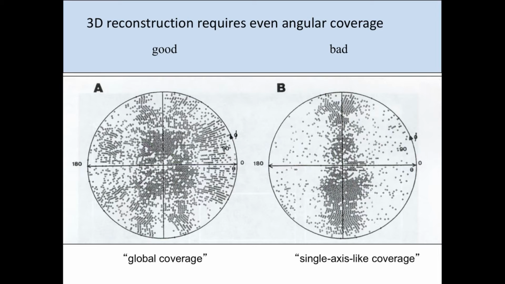The problem is only that the programs that we're using are really optimized now for complete 3D coverage. And if we use these programs on this kind of thing, then we get direction-dependent effects, and that's bad.